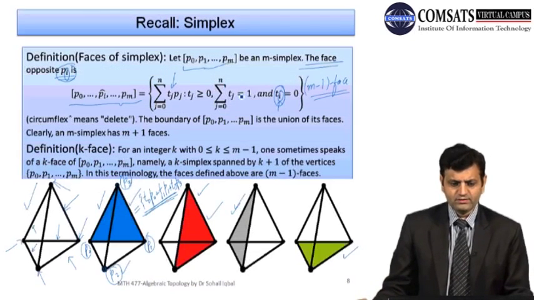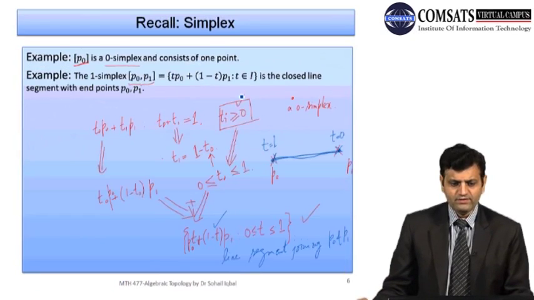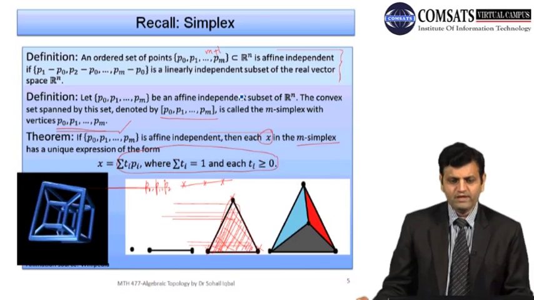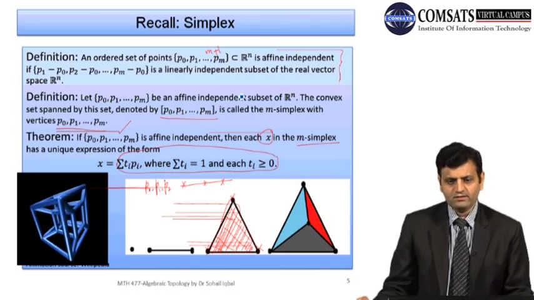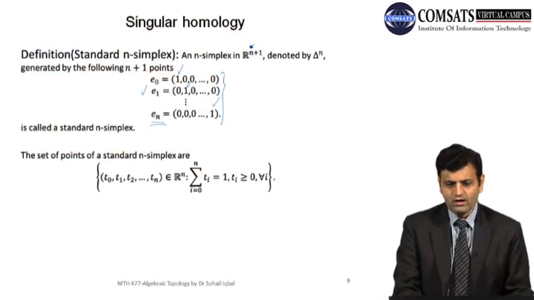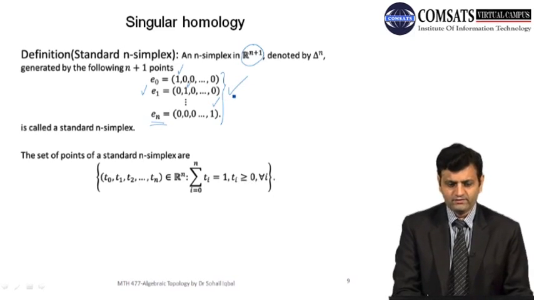There was no condition in the definition of a simplex on P0, P1 up to Pm. There could be any points of Rn. Now, if we impose the following condition, that if you are in R^(n+1), then take the following n plus 1 points, the n simplex generated by these n plus 1 points is called the standard n simplex.